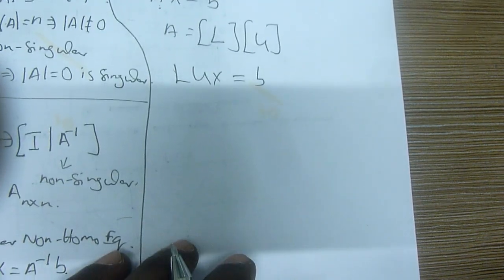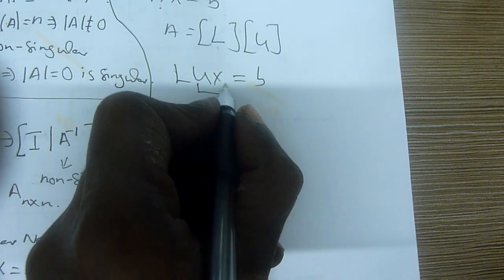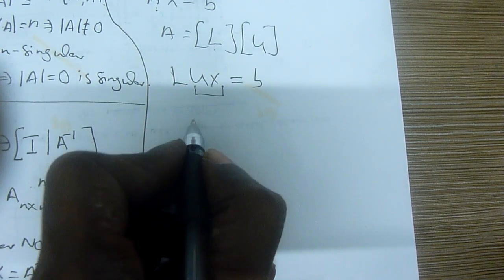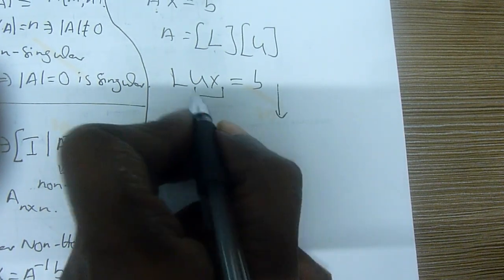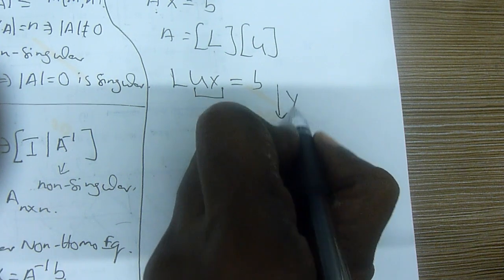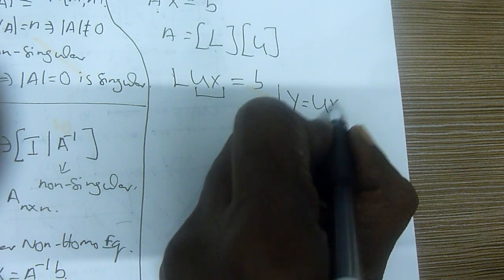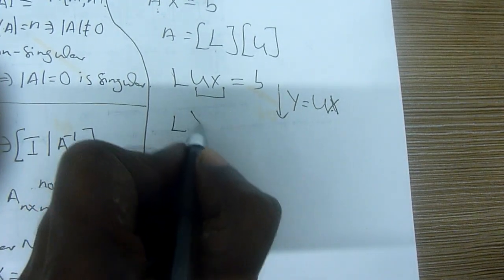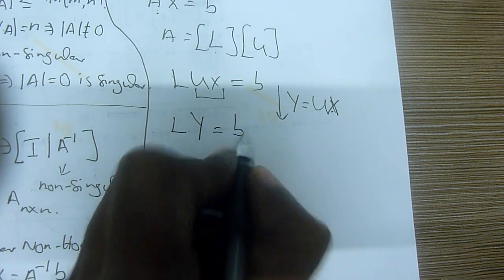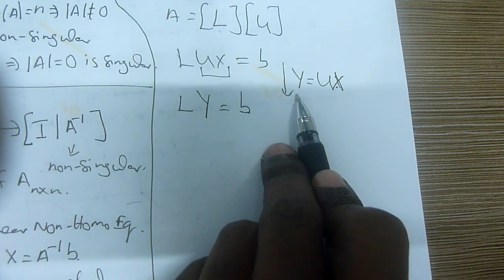Once it becomes like that, I combine these two to solve the problem. From here, in this portion, I change Ux to y, so look carefully: Ly = b. I didn't change anything here, but instead I substitute Ux with y.